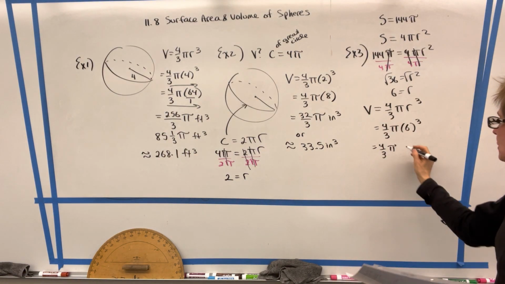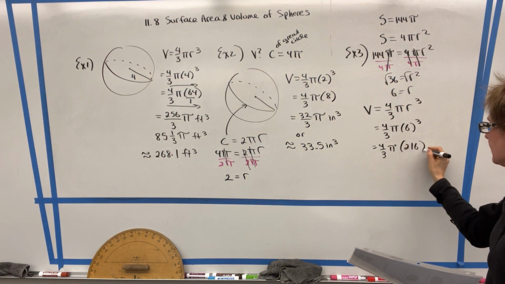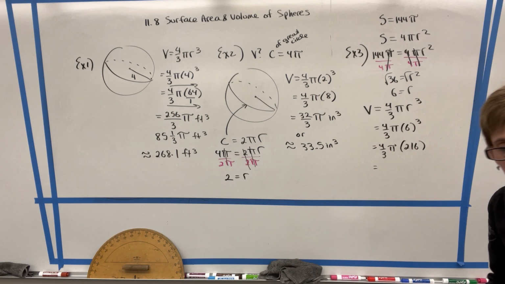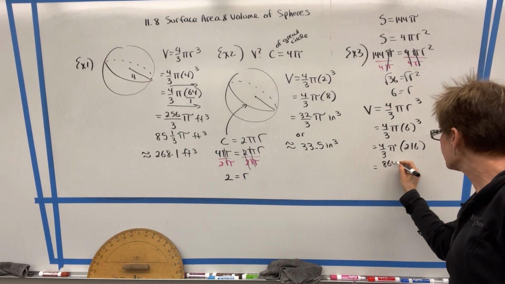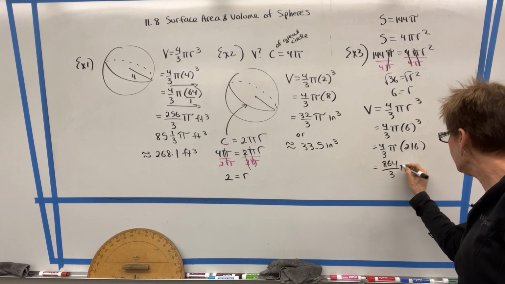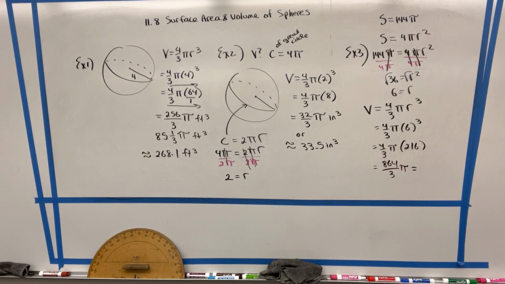And then 6 cubed is 216. If I want to take 4 times 216, multiplying across the top, that gives me 864 over 3 pi. The good news is I believe, yep, 864 can be divided by 3.